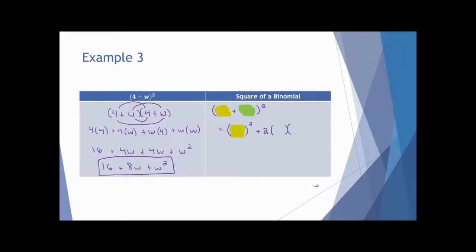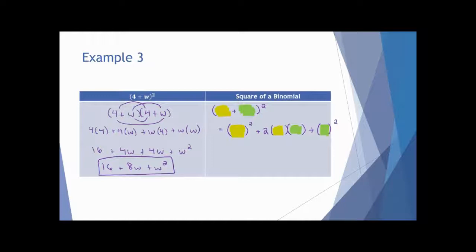So it's 2 times the yellow and then times the green. And then the last term is plus the green squared. So it's very similar to example 2, but that had a minus when we started, and so that had a minus 2. Here, this has a plus 2, but everything else looks the same.